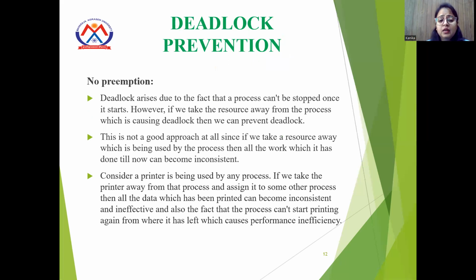Next is how we can neglect no preemption, meaning how we can change from no preemption to preemption to prevent deadlock. Deadlock arises due to the fact that a process cannot be stopped once it starts.